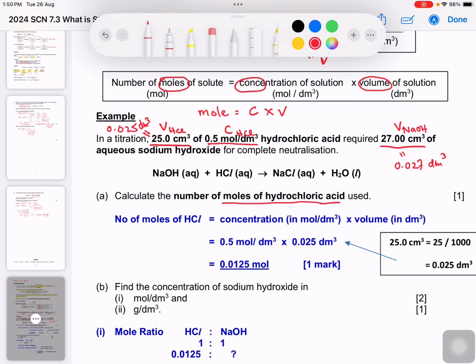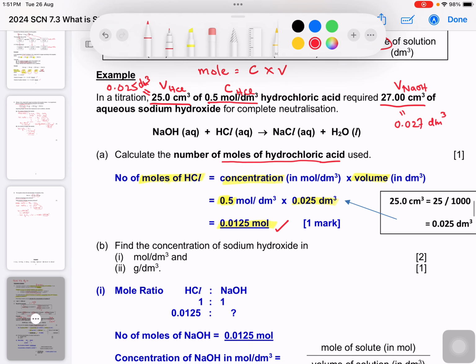So moles of HCl will be equal to concentration times volume. Substitute it in: concentration is 0.5, volume is 0.025, and you will get your answer, 0.0125. Okay, so we are done with the first part.